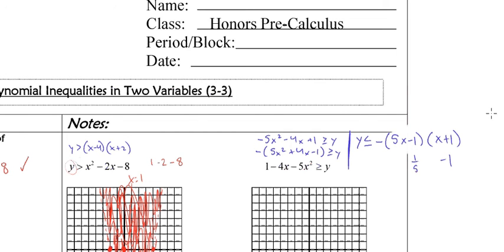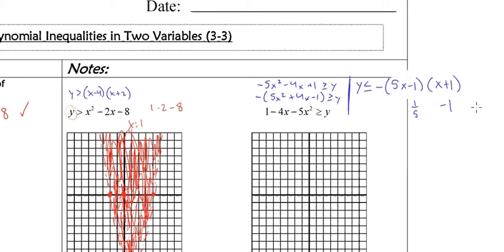Okay. Come on down and graph those. So negative 1, positive 1/5, right around there somewhere, and my axis of symmetry then. I can find the average between those.